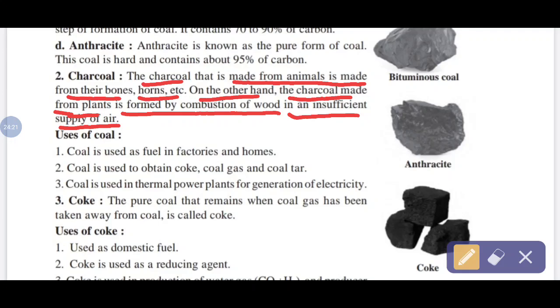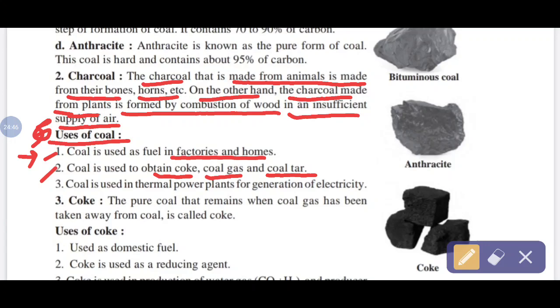Now the uses of coal are given here. A 2 to 3 mark question is, what are the uses of coal? The answer is given here. First point, coal is used as fuel in factories and homes. Second use, coal is used to obtain coke, coal gas and coal tar.